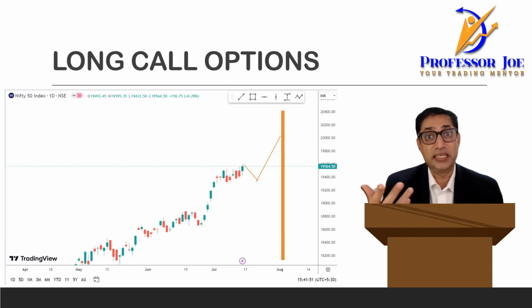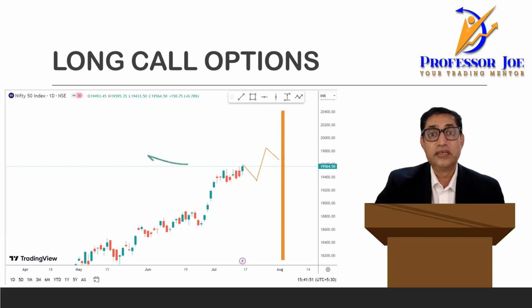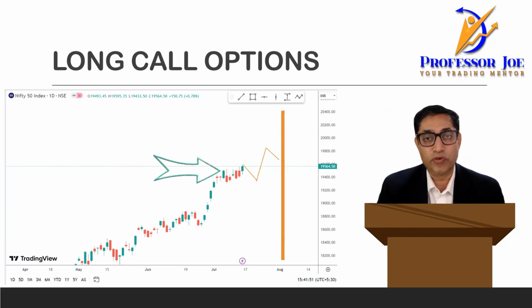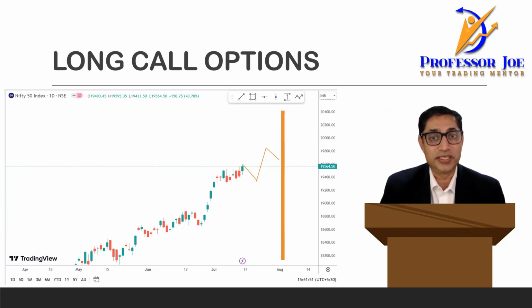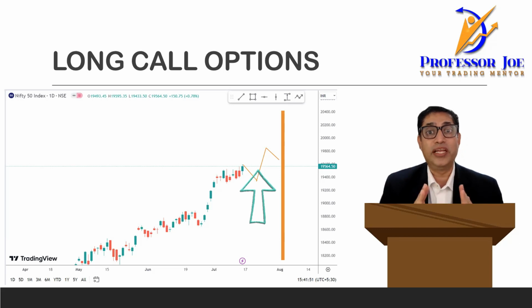But if you think that the price might go sideways for some time before it reaches your target, then entering a long call option can be dangerous. There can be decay in the premium, and although the price might go up, you will still lose out on the premium and take a loss in your long call option. So it is very important to remember that only if you think the price will go up quickly should you enter into a long call option.